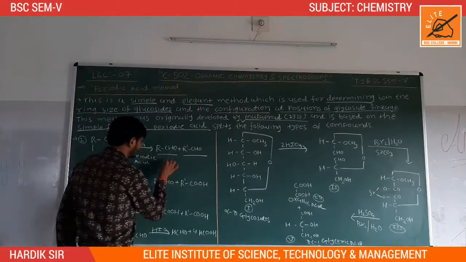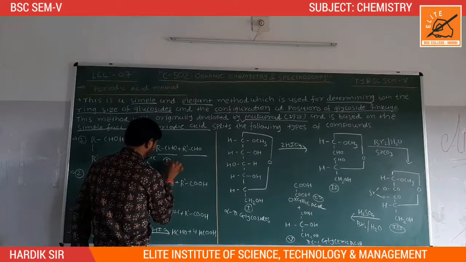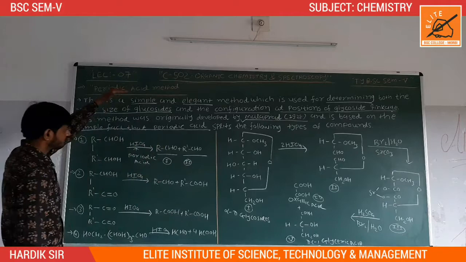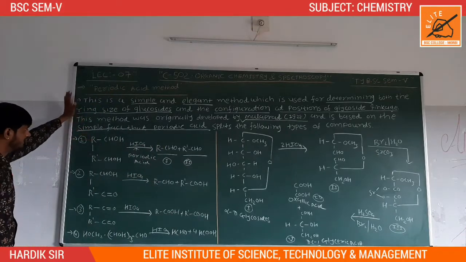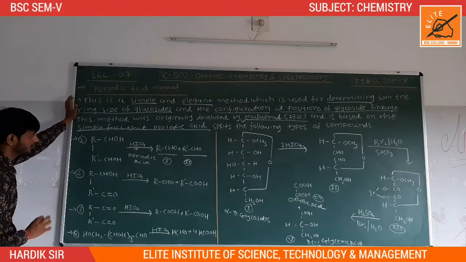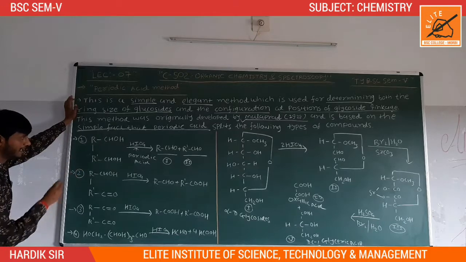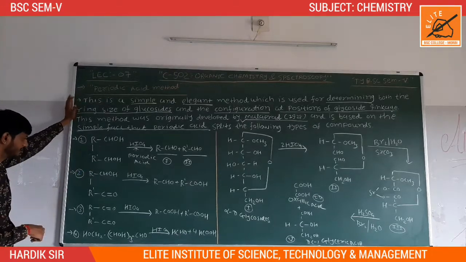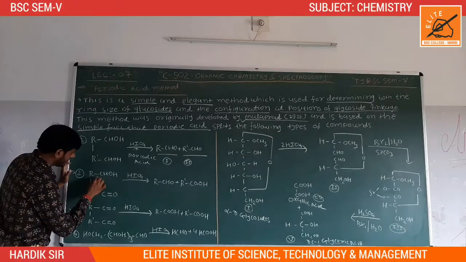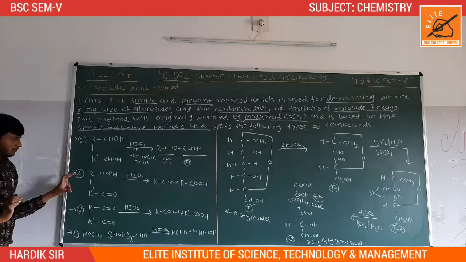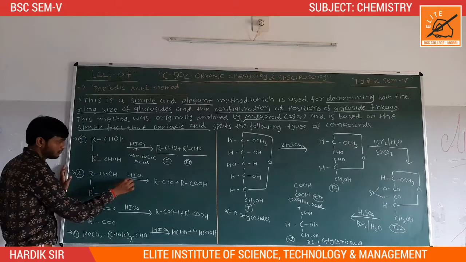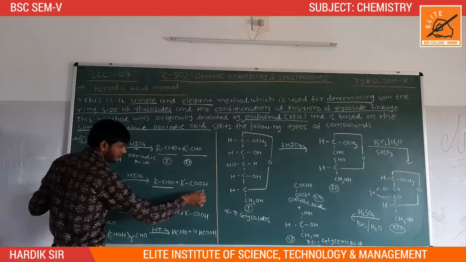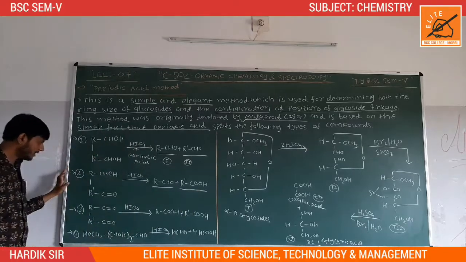This is the first and this is the second. A simple alcohol reacted with periodic acid produces aldehydes. An alcohol and ketone group reacted with periodic acid forms an aldehyde compound and also an acid compound.